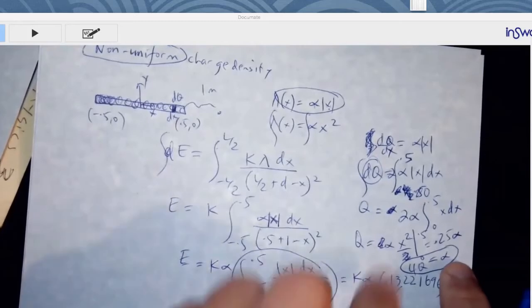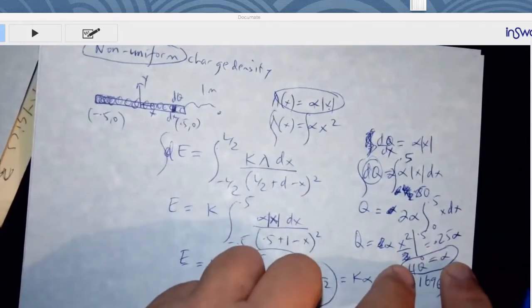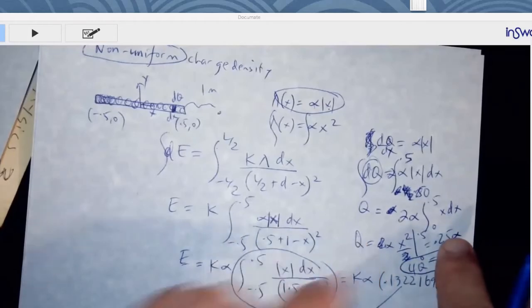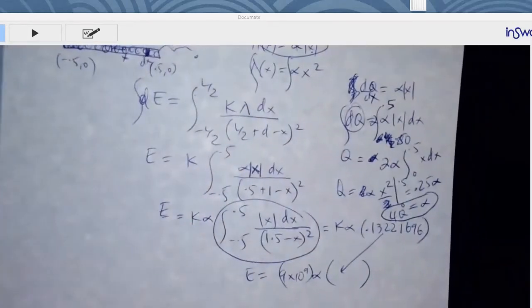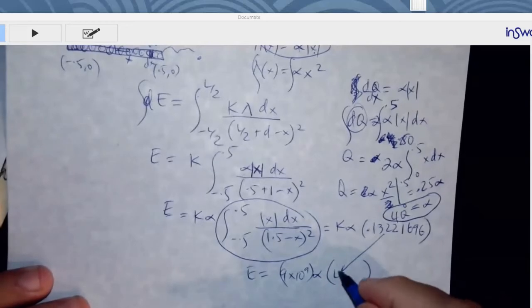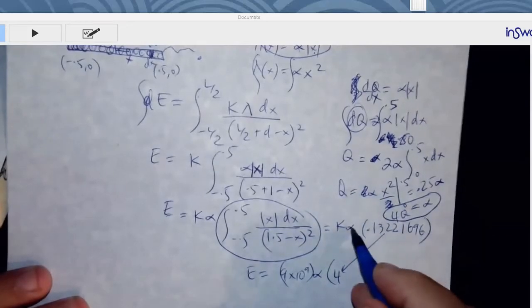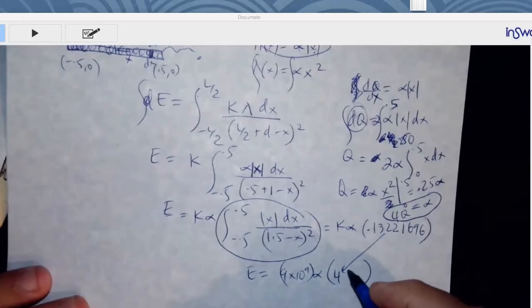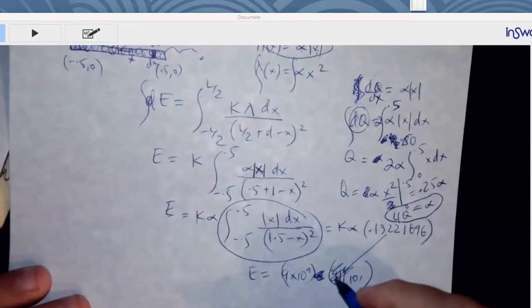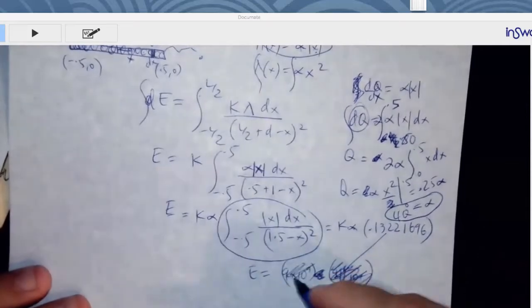So in order to work, the fudge factor needs to be 4 times this charge, right? Q divided by a quarter. Everyone go with me there? Okay, now here comes the moment of truth. I put here 4 for the alpha. I'm putting 4 times the charge of the rod. Oh, okay, I'm replacing this alpha by 4 times the, oh, hold on. I've got this thing to account for too.